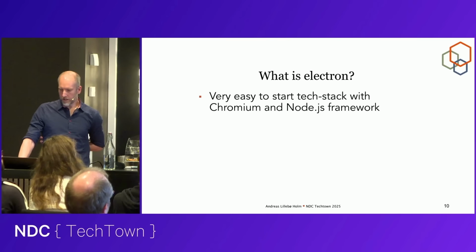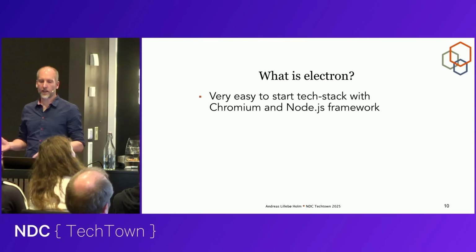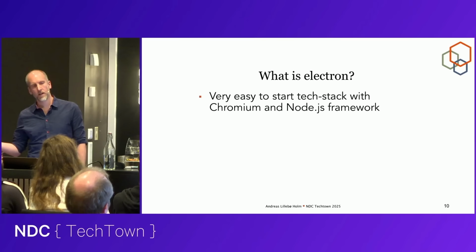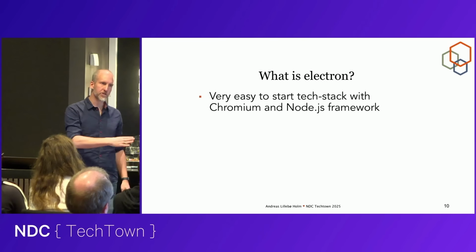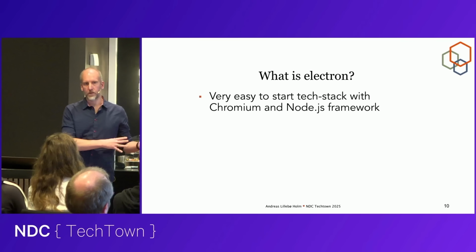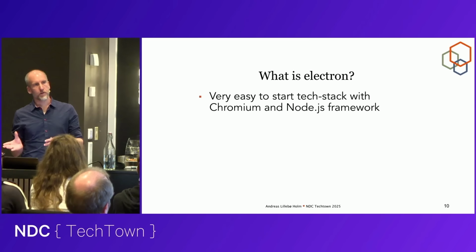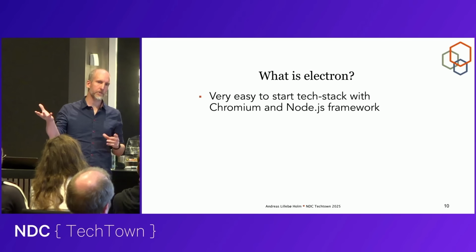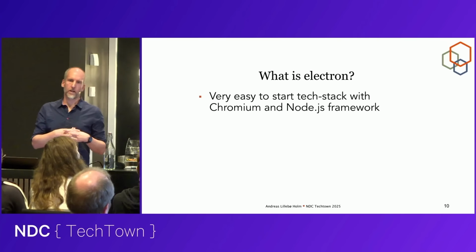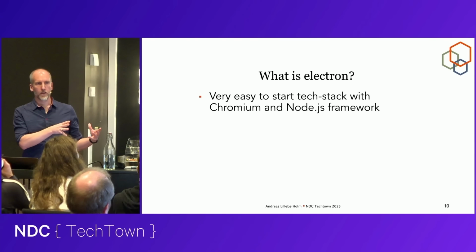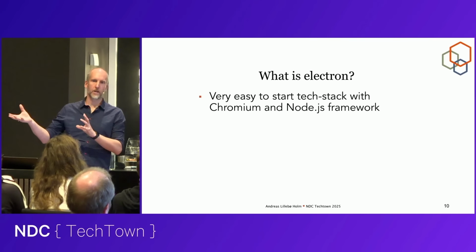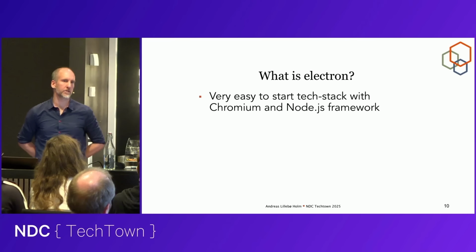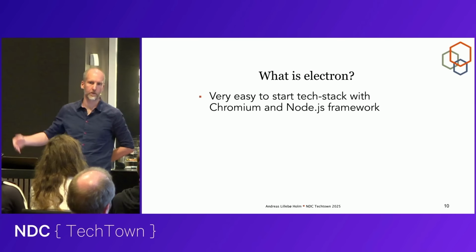Electron is a very easy-to-start tech stack with the Chromium engine that you build into your application, and you use Node.js as the framework for the backend, basically. It's very similar to a server architecture where you have a server hosting a frontend, and you can write the server backend in Node.js, and then you write the frontend in whatever you choose, React, Svelte, Vue, whatever.